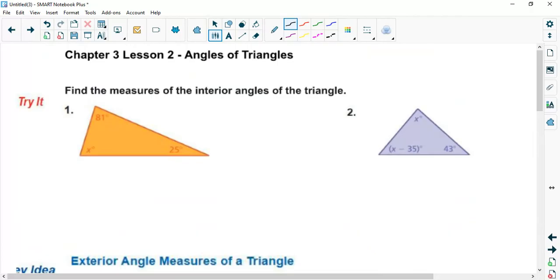Now for the results. I add up the three angles and they equal 180. Combine like terms.